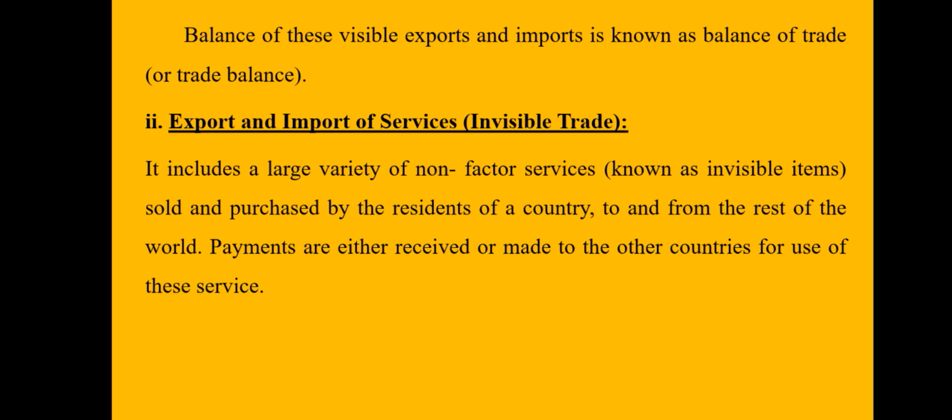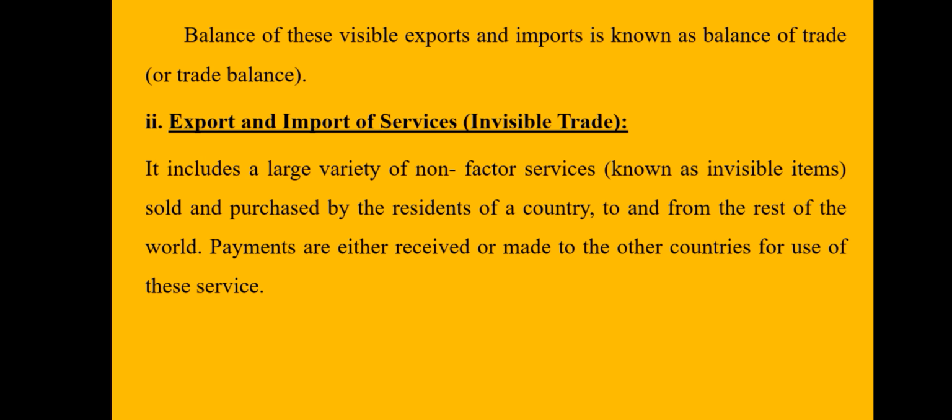So, when there is a balance between import of goods and export of goods, it is called balance of trade. Second one, export and import of services, invisible trade. It includes a large variety of non-factor services known as invisible items sold and purchased by residents of a country to and from the rest of the world.